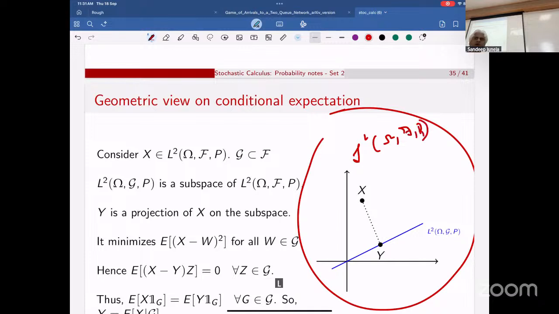It is the L2 space of random variables, all the random variables whose second moment is finite, and they're F measurable. That's what this space means. Think of each point here as representing some random variable of that sort.